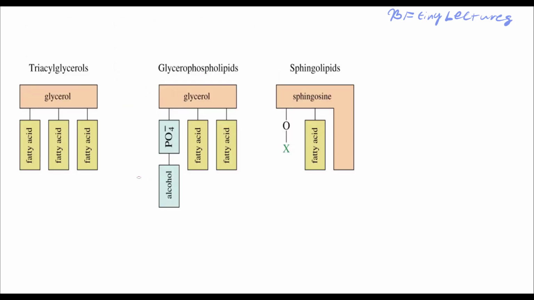So in this class, we're going to be focusing on 4 different types of lipids. Okay, so the 4th one that I'm going to be talking about is not shown on this picture, and I'll just explain it to you. But for the ones that are shown, we have the triglycerols. Okay, so this is actually triacylglycerol, but you can also call it just triglycerol.